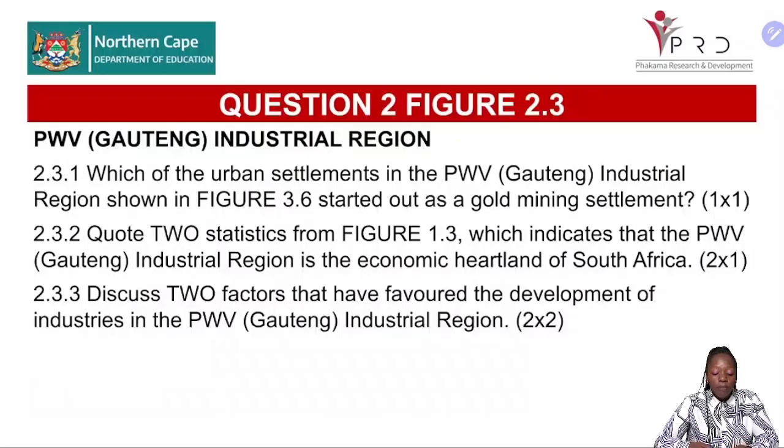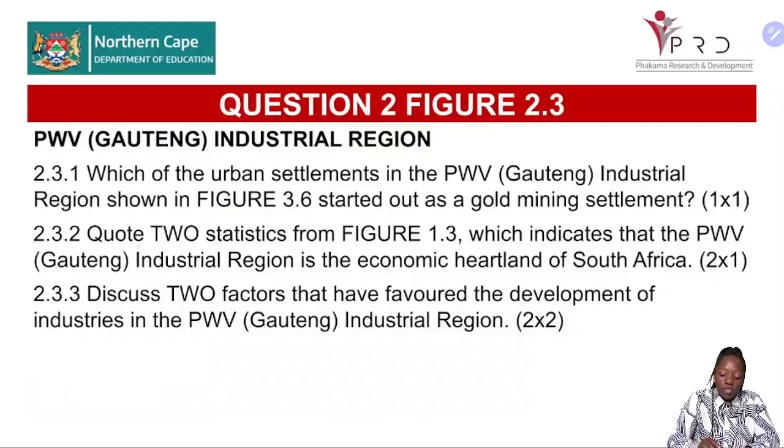So we have the first 3 questions: which of the urban settlements in the PWV Gauteng industrial region in figure 3.6 started out as a gold mining settlement. So you'll remember that you are given the 3 towns there, or the 3 urban settlements in the PWV. Then your 3.2.3, quote 2 statistics.